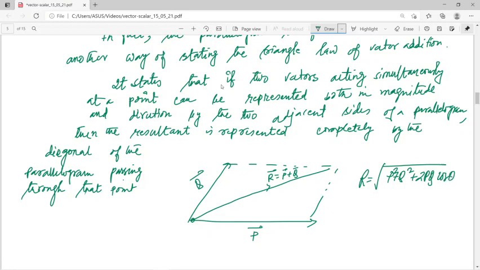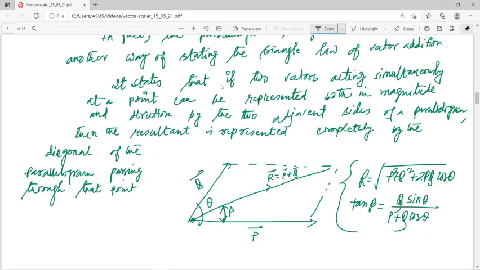This theta is this angle and beta is this particular angle, and of course tan beta is nothing but Q sine theta divided by P plus Q cos theta. So that is the resultant, and that is the angle. The angle is the angle between P and the resultant.